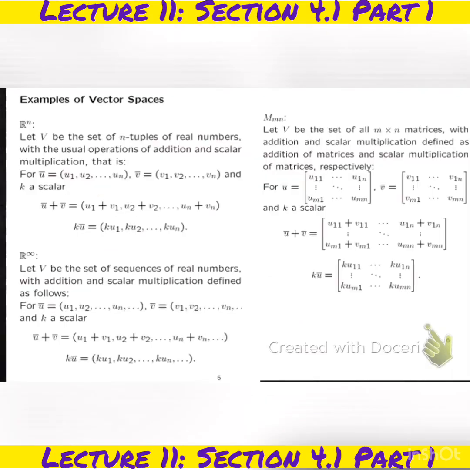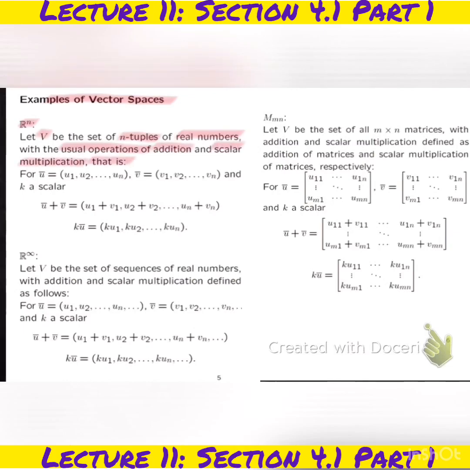Some examples of vector spaces. The first one is Rn. This is the one we worked with in chapter 3, and this is the one we're all used to. So V is the set of all n-tuples of real numbers with the usual operations of addition and scalar multiplication.